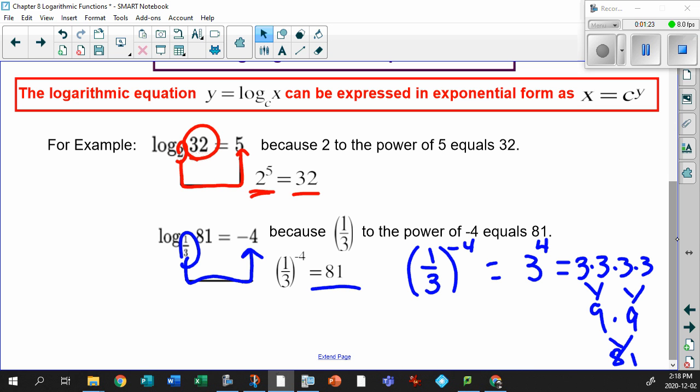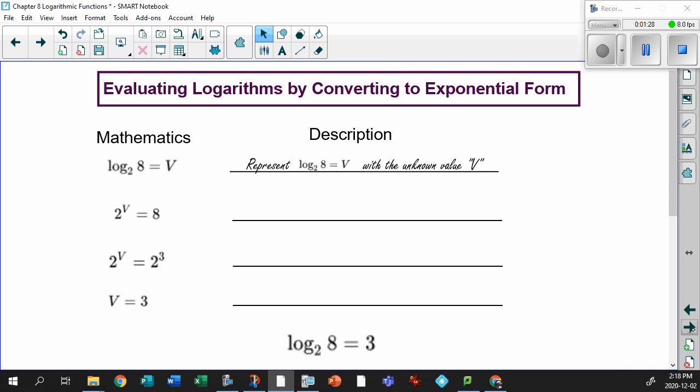So what I just showed you, ladies and gentlemen, is a way of solving. Okay. So how do we solve? What if I didn't tell you what the log equaled? Well, first thing is I would say, okay, let it equal to any value. Let v be the value. All right, so you represent log 2 of 8 equal to v with an unknown value of v.